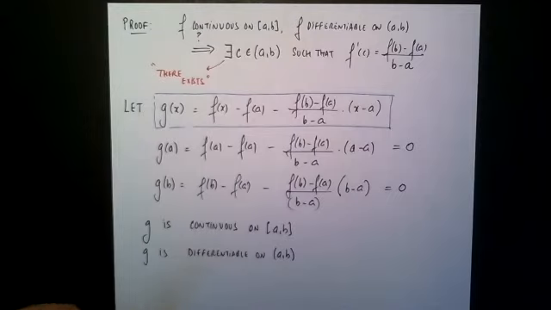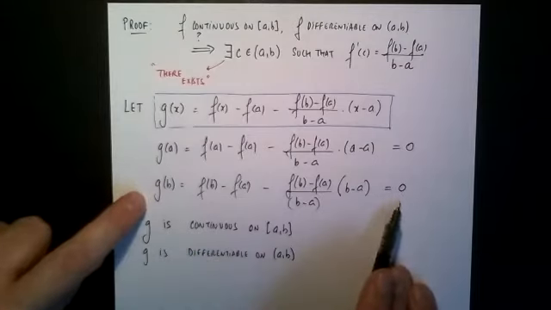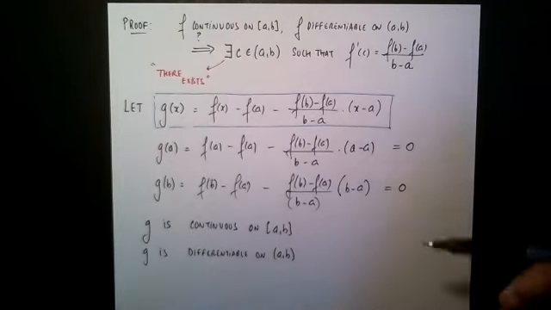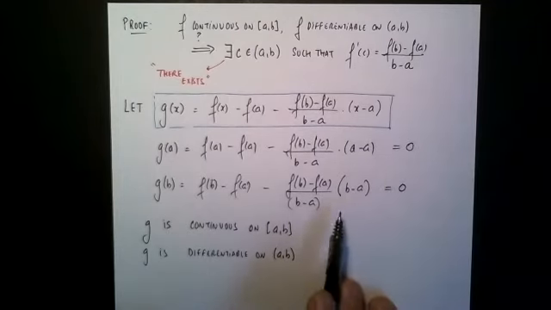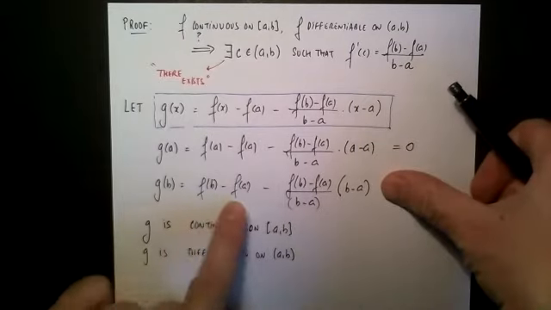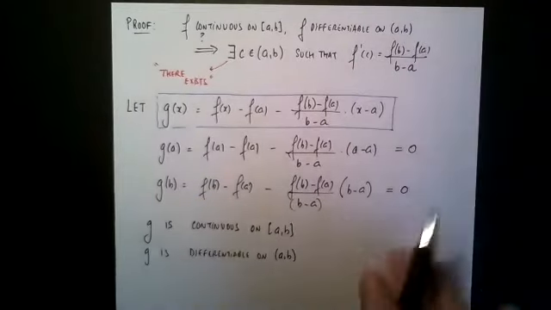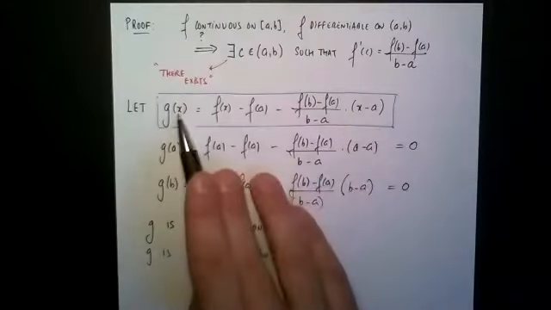Could you repeat why g of b is equal to 0? Why g of b is 0? Do you understand how I found this expression? I just replaced x by b.